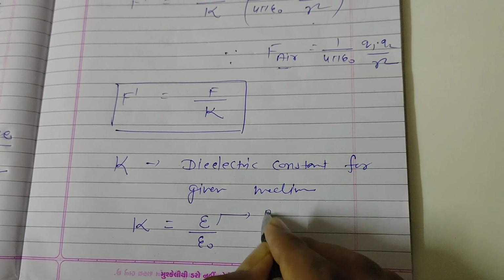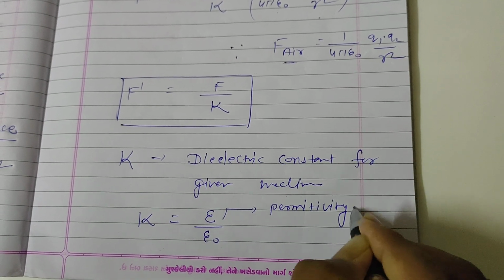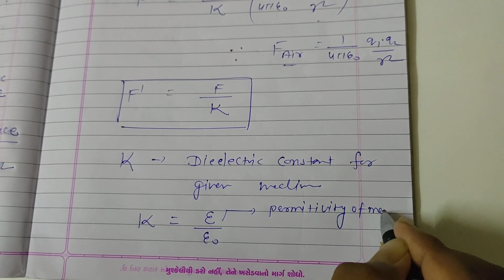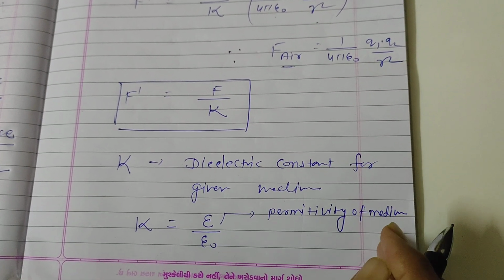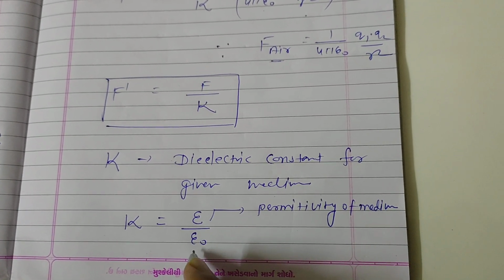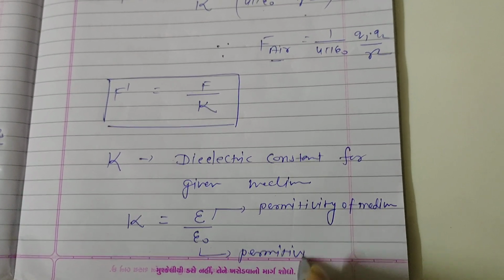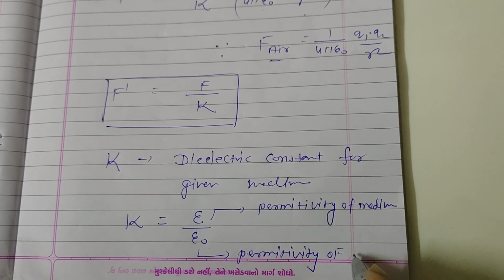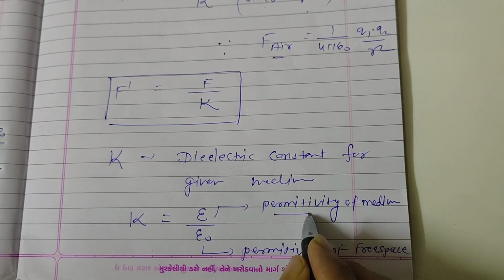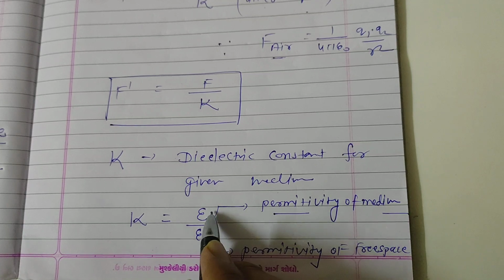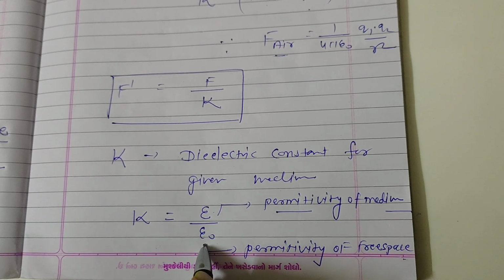Epsilon is the permittivity of any medium, like oil, water, or any non-conducting medium. But epsilon naught is the permittivity of free space, and it is fixed.